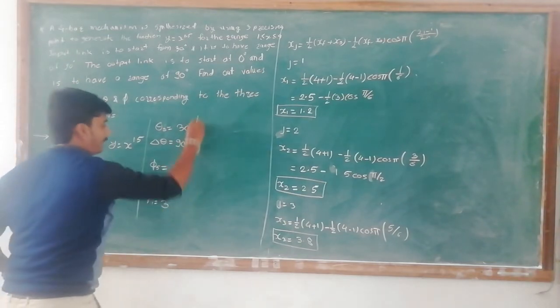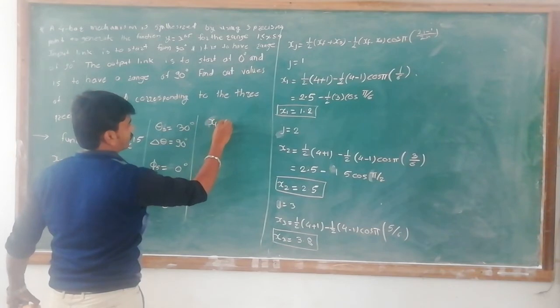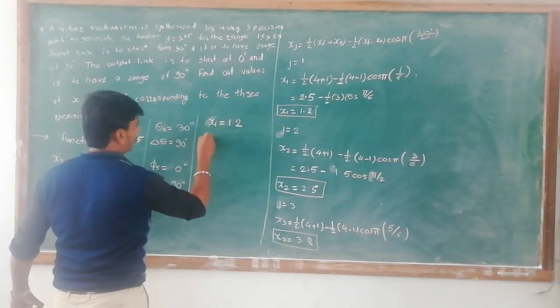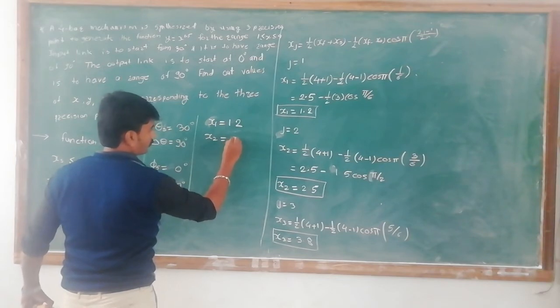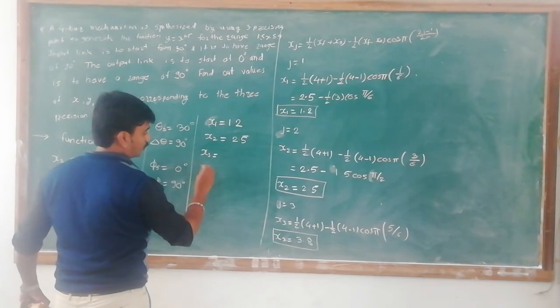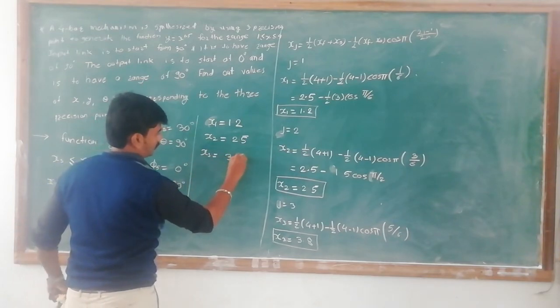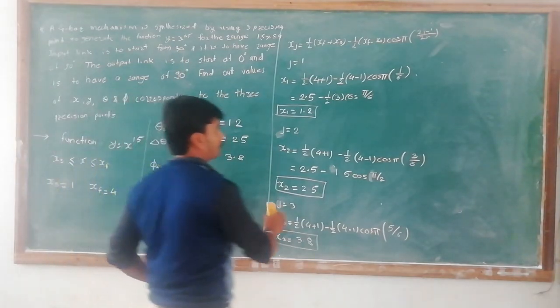So we obtain the values of x1, x2 and x3. Here we write x1 is equal to 1.2, x2 is equal to 2.5, and x3 is equal to 3.8. Okay. We have written the values of x1, x2, x3.